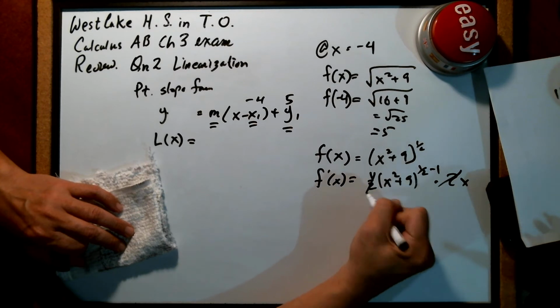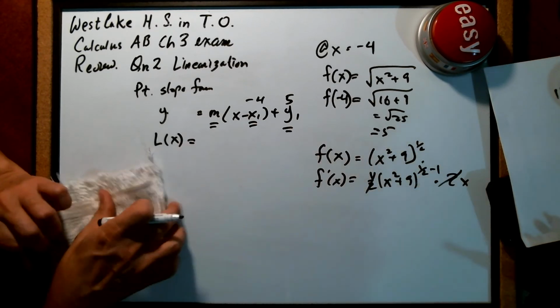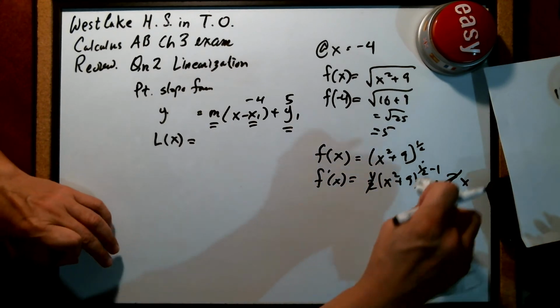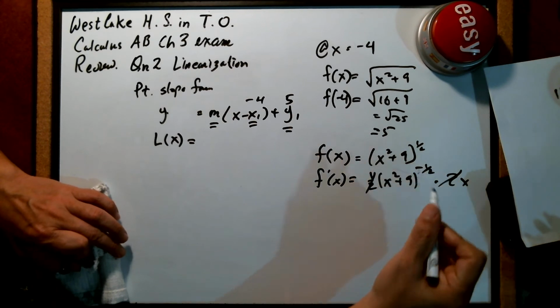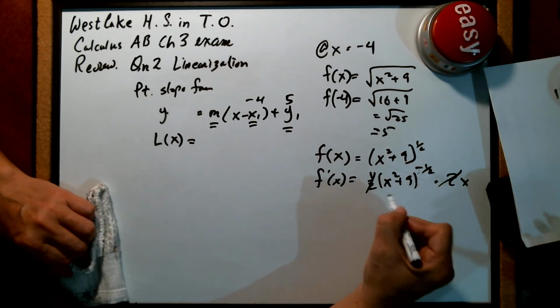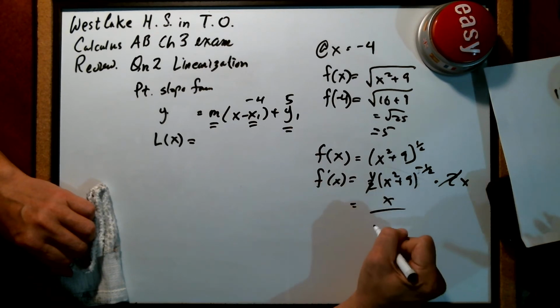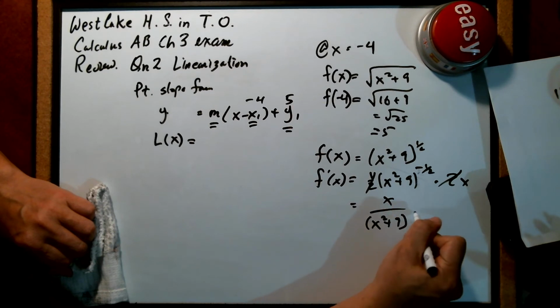The 1/2 and the 2 cancel. This becomes, I'm just going to rewrite this. What's 1/2 minus 1? It's going to be -1/2. This goes to the denominator. This goes to the numerator. It becomes x over x squared plus 9 to the 1/2 power.